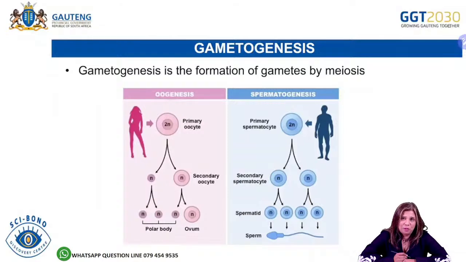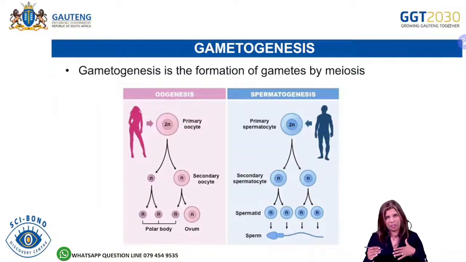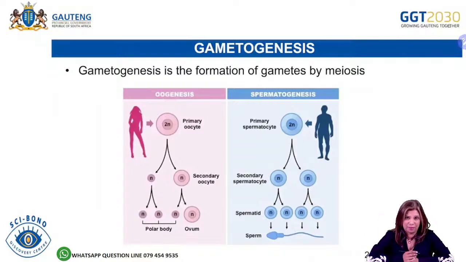So let's get to the process that leads us into this direction of changes in our physical characteristics. Now this process, this word looks so fancy, gametogenesis. It's actually a very, very simple process. Like I touched on the last time when I did a lesson with you, most of the time in life sciences, when we want to know the meaning of something, we break the word up.